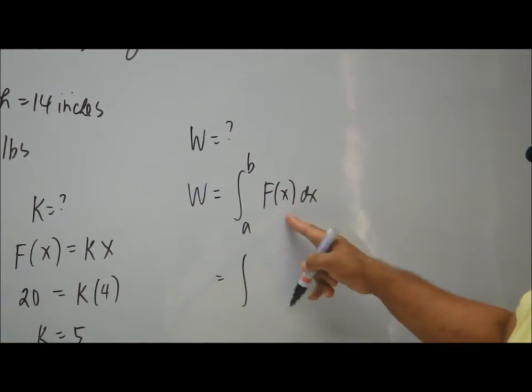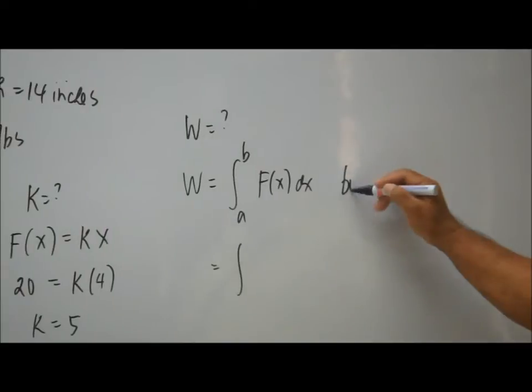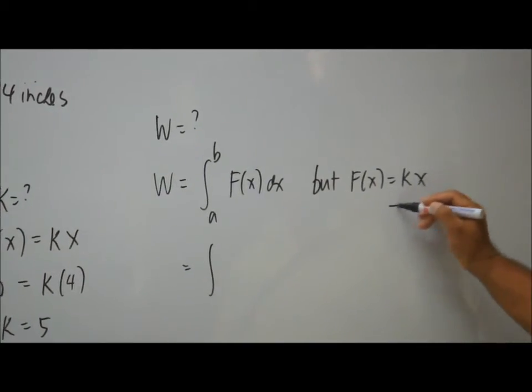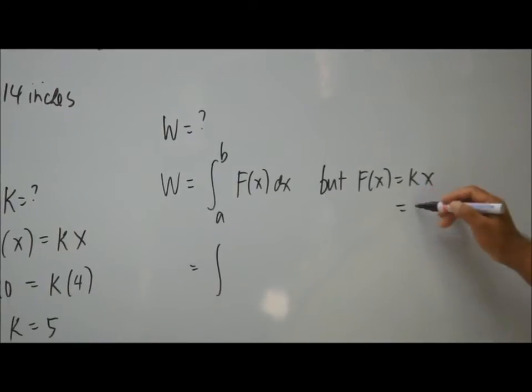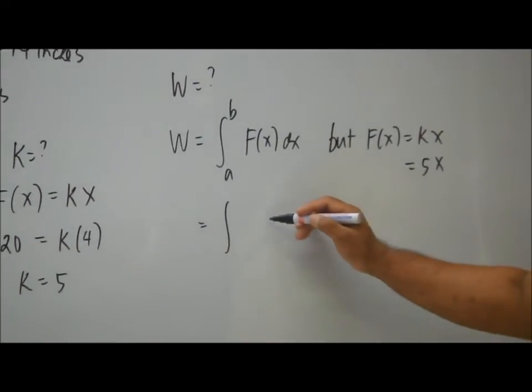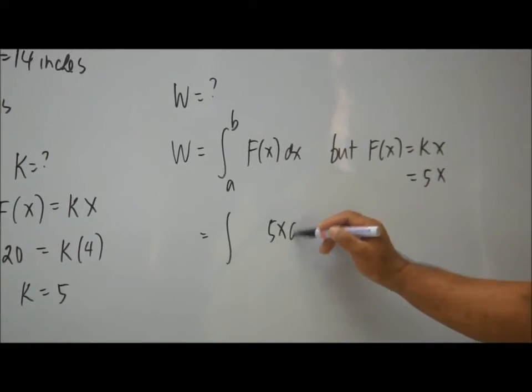So let us now use f of x. F of x is k times x, where k is 5. Then this is now x, okay? So we have 5x dx.